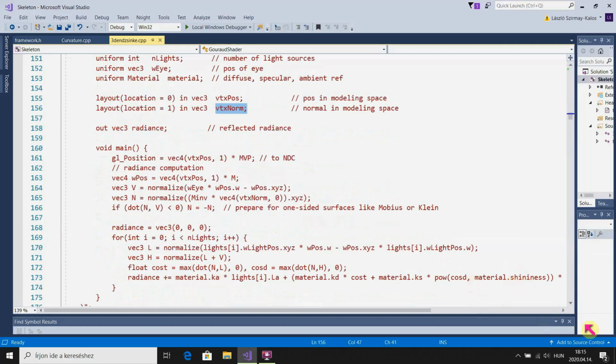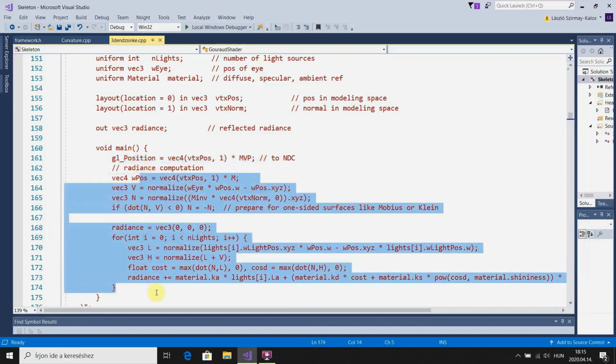The main task of the vertex shader is to transform the input point to normalized device space, which happens usually with the application of the model view projection transformation matrix, and we get the result in homogeneous coordinates, and the result is supposed to be written into the gl_Position output register, because the fixed hardware assumes that the point will be written into this register and is interpreted as normalized device space coordinates.